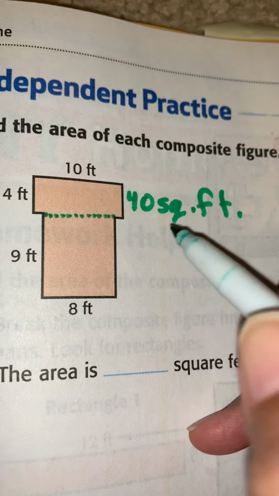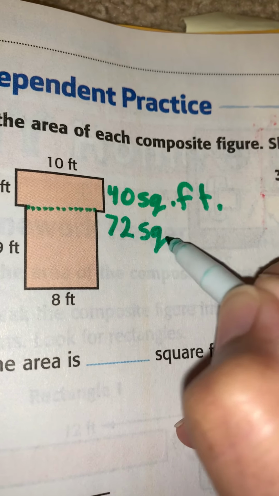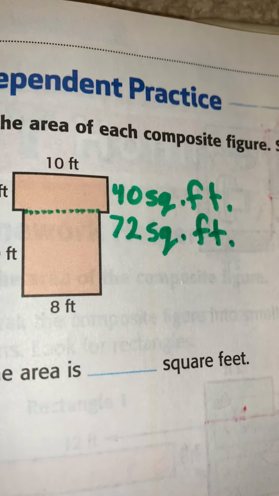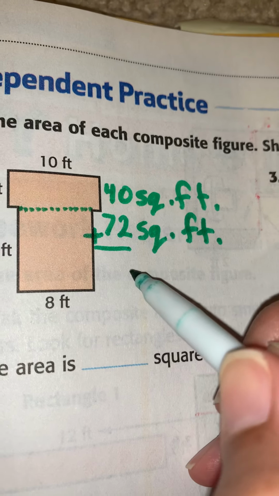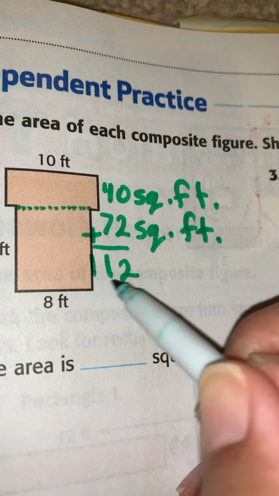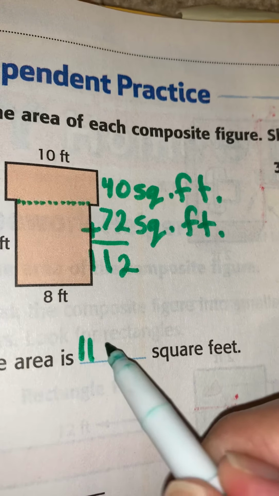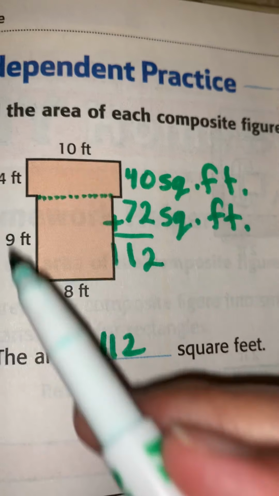So it's 9 times 8, that's going to give you 72 square feet. And then you're just going to add the two together. So you have 40 and 72, 112 square feet. That's how you calculate it.